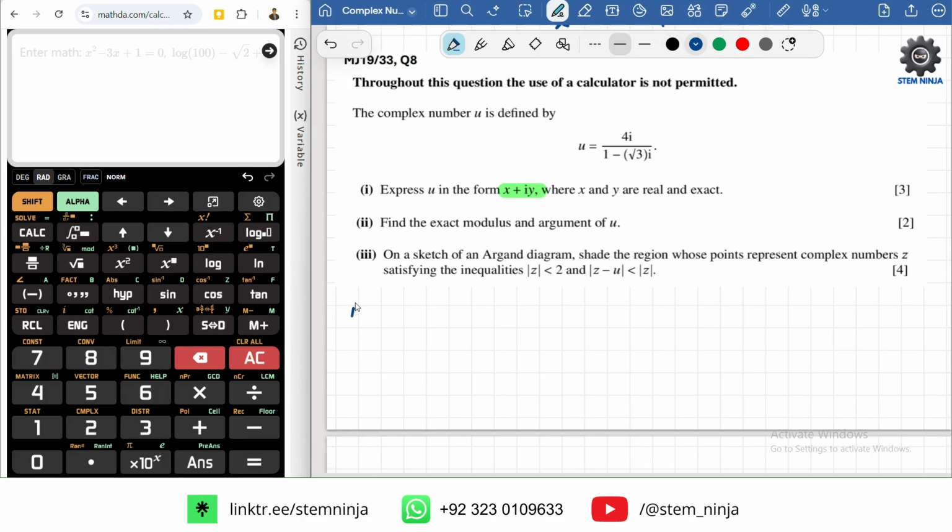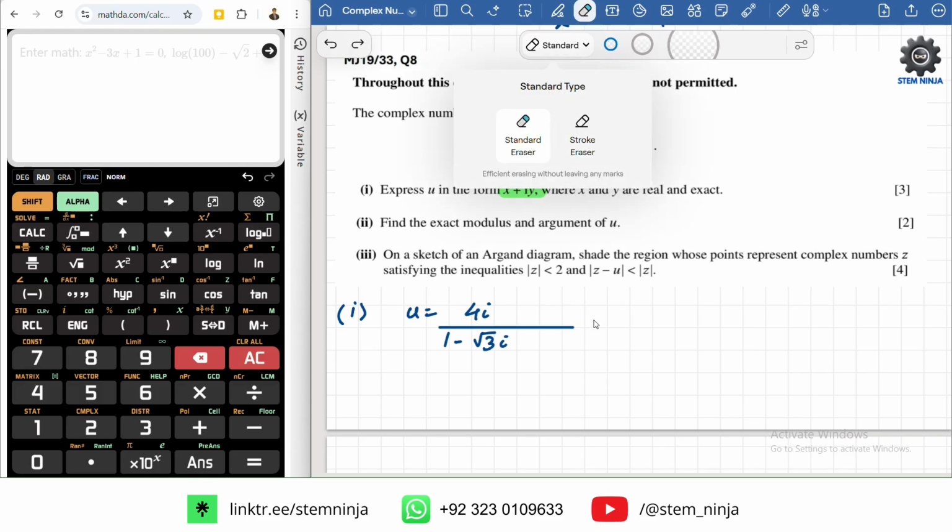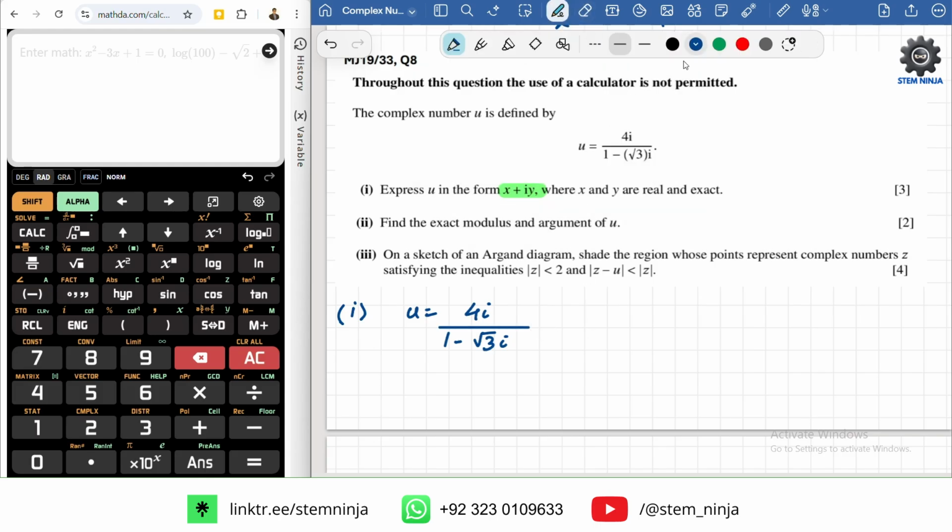So you have u is equal to 4i divided by 1 minus root 3i, times by the conjugate of the denominator, 1 plus root 3i divided by 1 plus root 3i.